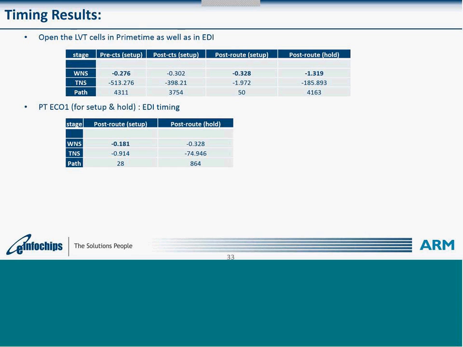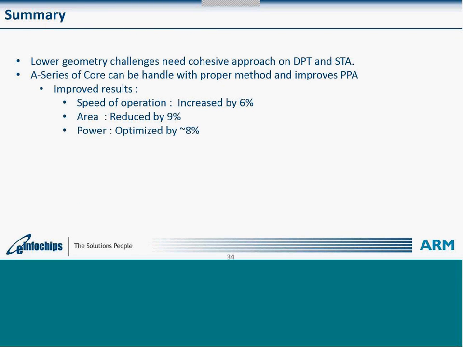Next slide. In this journey of ARM Cortex A5 implementation, trying different techniques and scripts, we increased the speed and reduced the area. We tried different aspect ratios, different floor plans, and different experiments to reduce the area of this A5. On the final optimization, we could reduce the area by 90% of what we had targeted initially.